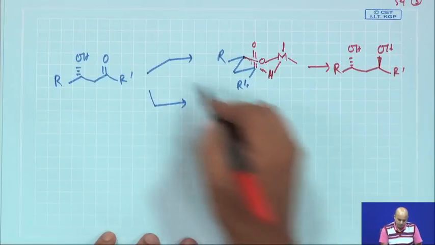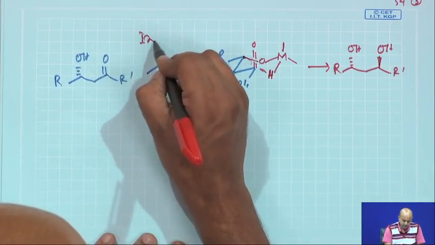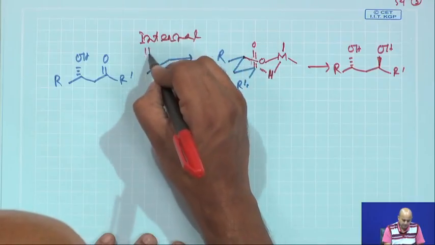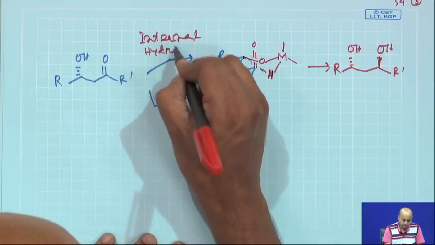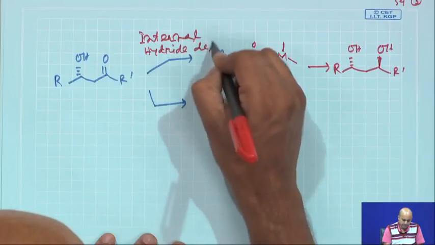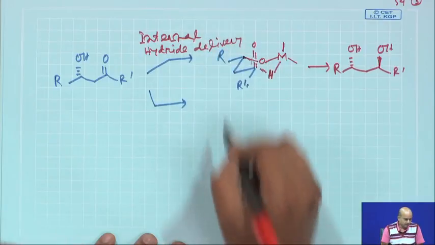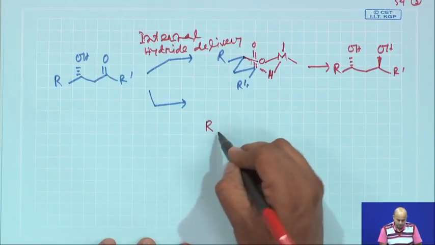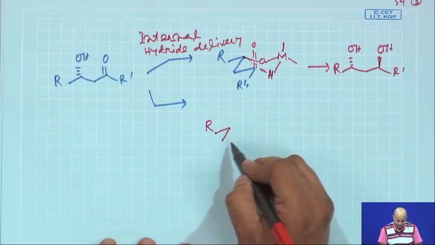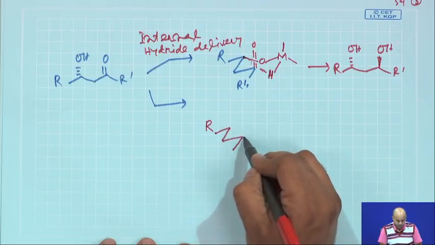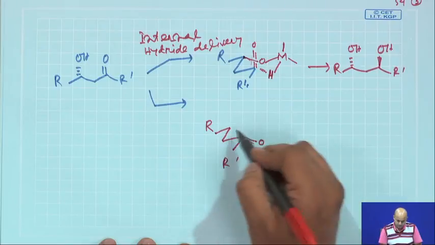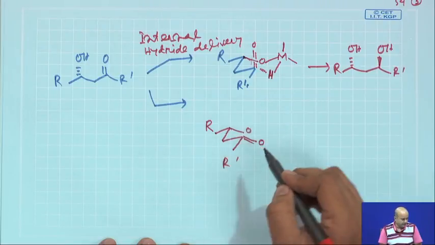This is what we call internal hydride delivery. Along the same line, you may have another scenario, where we can design the carbonyl, put it in this way, and put this oxygen here.